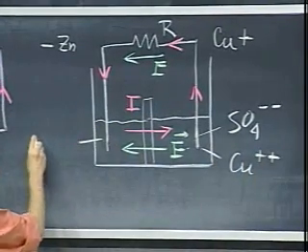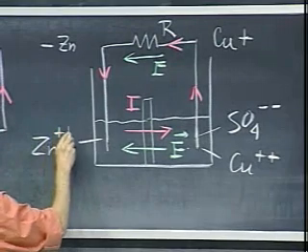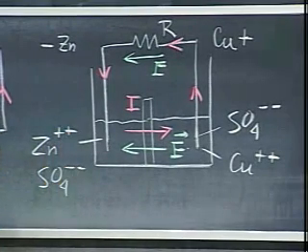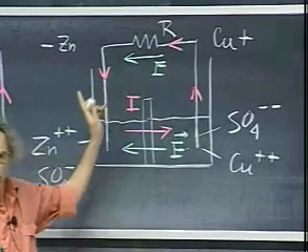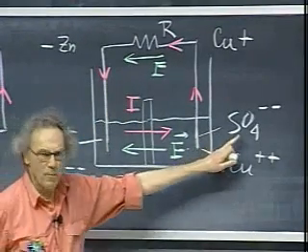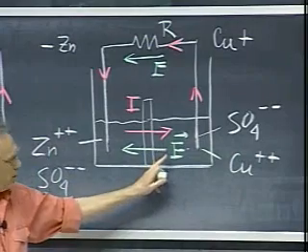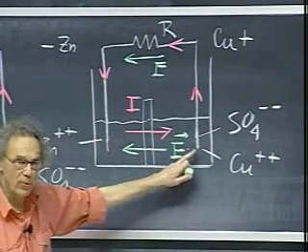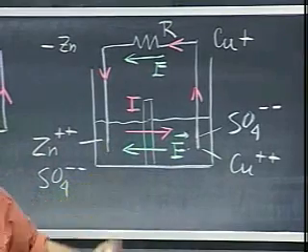And here you have zinc plus, and you have SO4 minus. And as current starts to run, SO4 minus ions, which are now the current carrier inside this battery, are going from the right to the left.